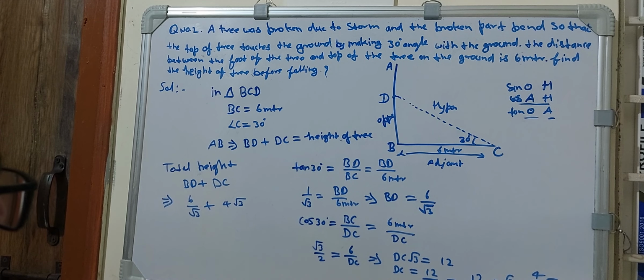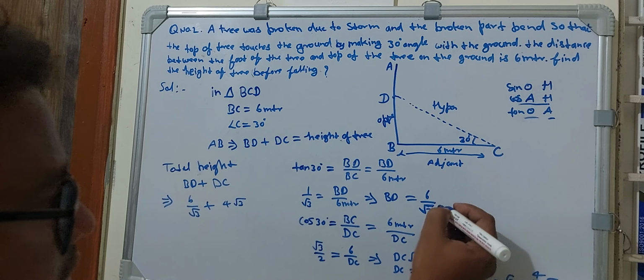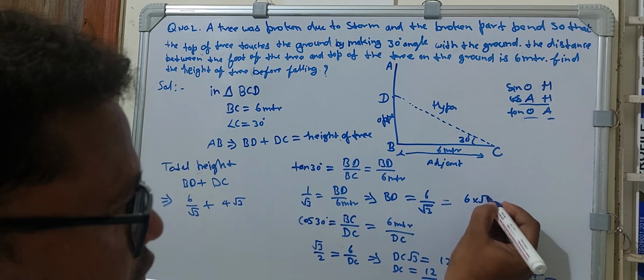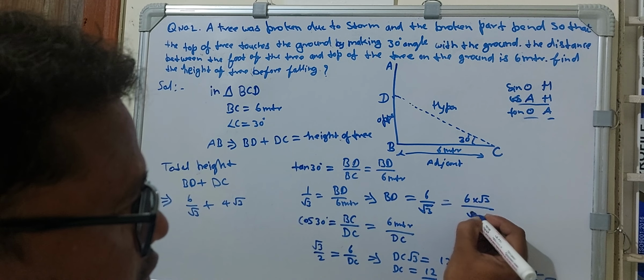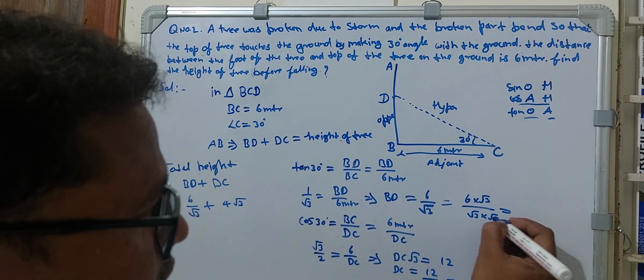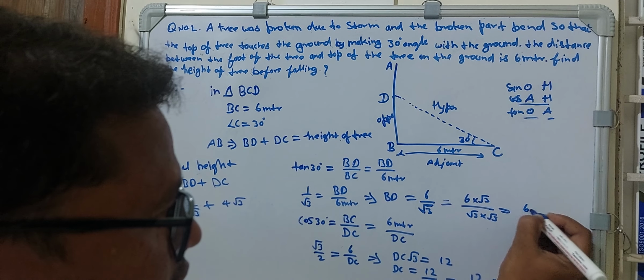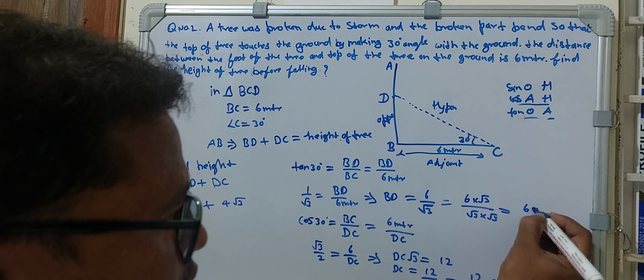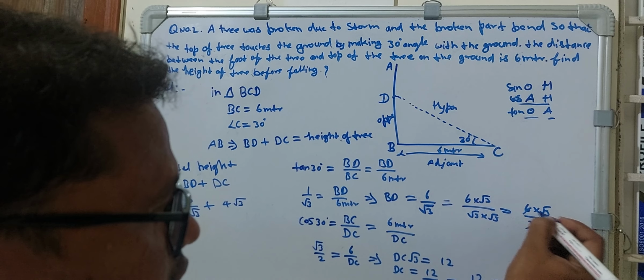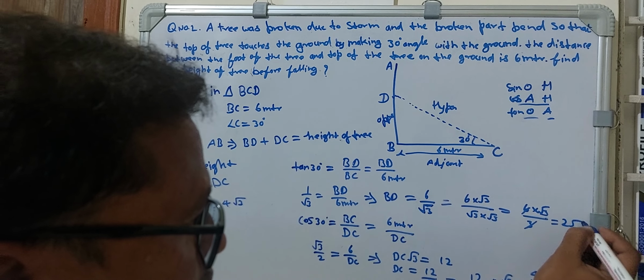Okay, so better we can do this also. 6 into root 3 upon root 3 into root 3, you can write 6 into root 3 upon 3, 3 2s are 6, means 2 root 3.